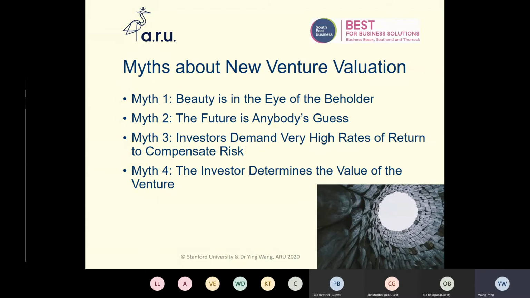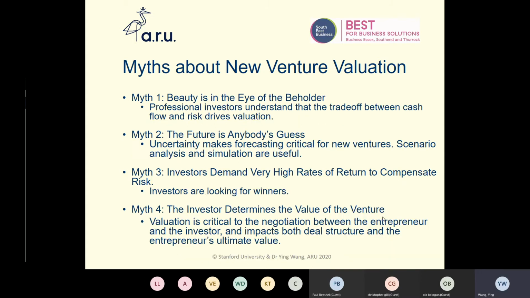However, if you know the valuation techniques, you will have strong bargaining power in this process of seeking finance, because you know the value and the method used, and you can say we can't totally agree with that. So that will give you some negotiation power.